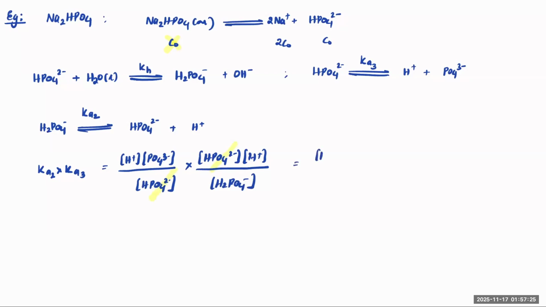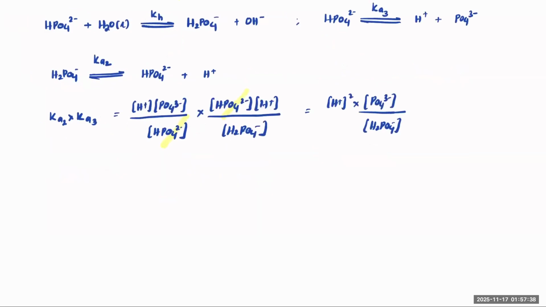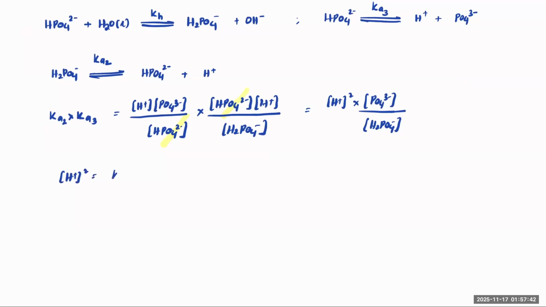And you will have this as H plus ion square into PO4 3 minus concentration divided by H2PO4 minus concentration. So from here I can write H plus whole square is equal to Ka2 multiplied by Ka3 multiplied by H2PO4 minus divided by PO4 3 minus.